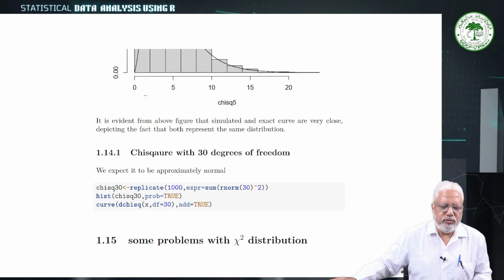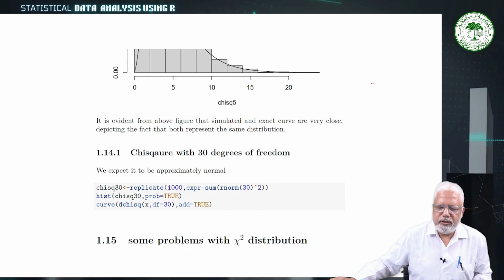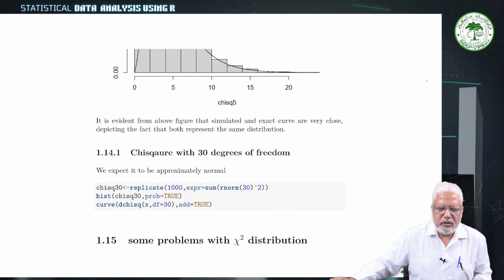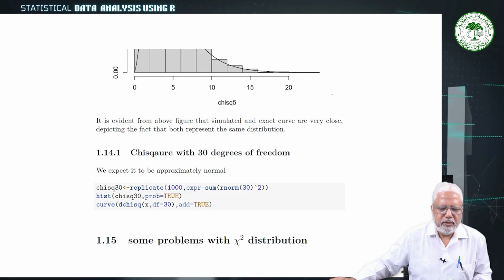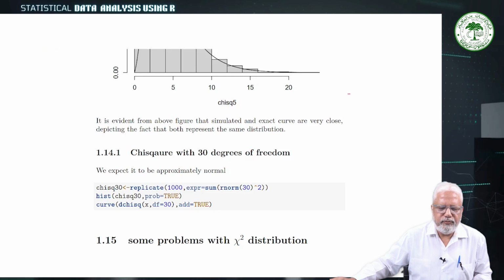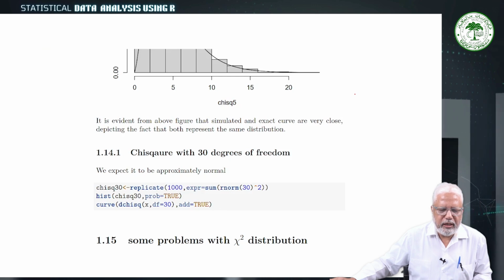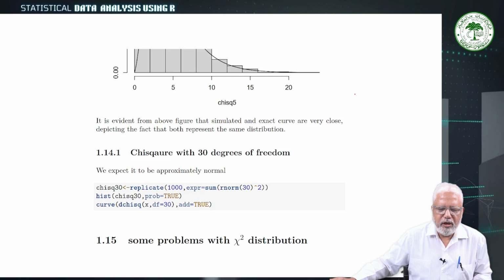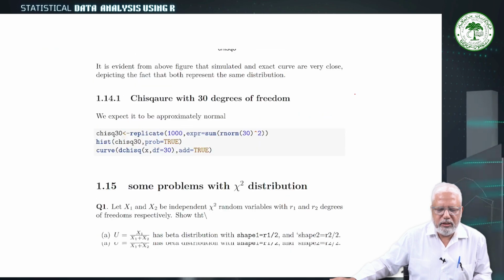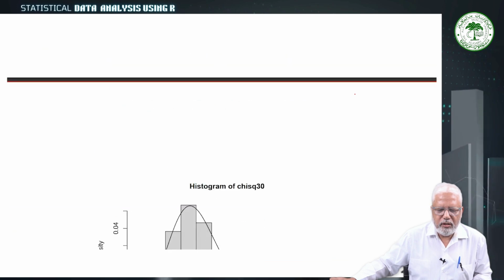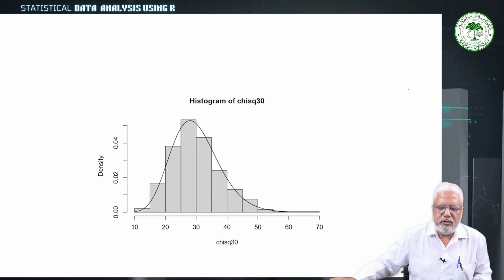So chi sq 30 replicate expression here, 30 and see d chi sq df is equal to. So here we have added the exact normal curve on the simulated data. So certainly this will match the distribution.